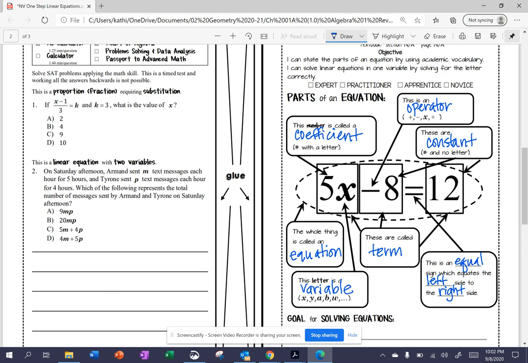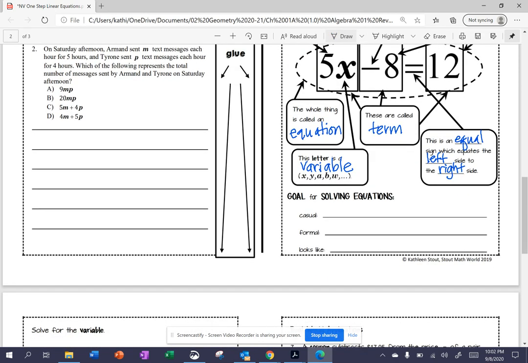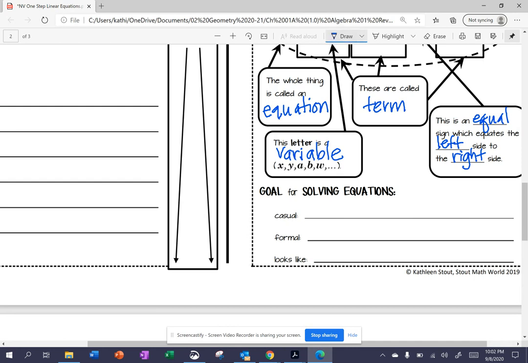So the goal, solving my equation. Casually, a lot of people just say, I'm trying to get x by itself. The formal word for that is I want to isolate the variable.